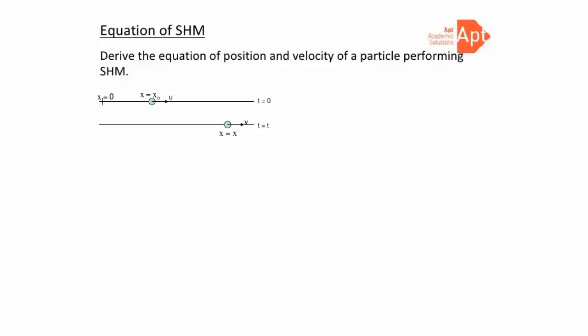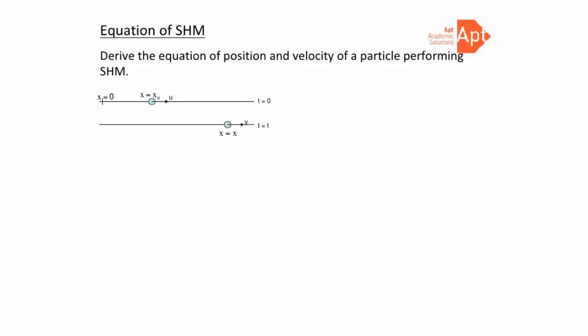As you can see here, we have an object. It started from x is equal to 0, but at time t is equal to 0, when we started observing it, it was located at x is equal to 0. The velocity of the particle at this instant t0 is u.